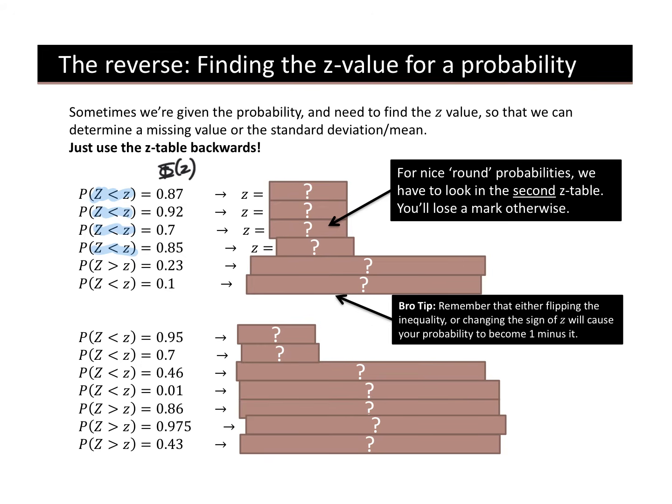1.13, absolutely. Okay, 0.92. We're finding the closest value. So for 0.87, 1.14 is also 0.8729, but 1.13 is 0.8708. This is the closest. Yeah?